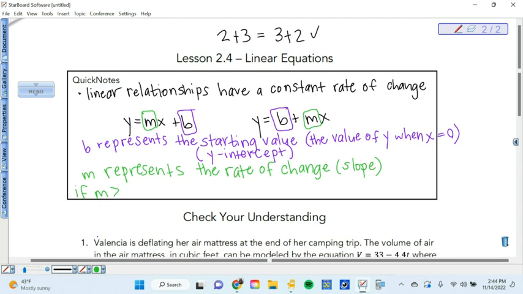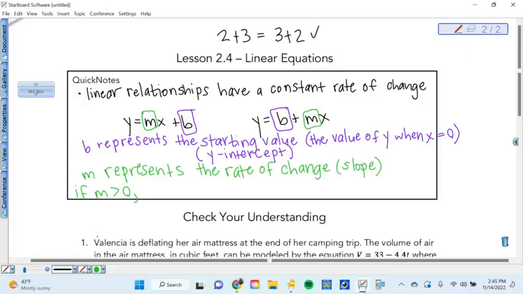If m is greater than 0, would it be positive or negative? Positive. When I have positive slope, like this one over here, is it increasing or decreasing?